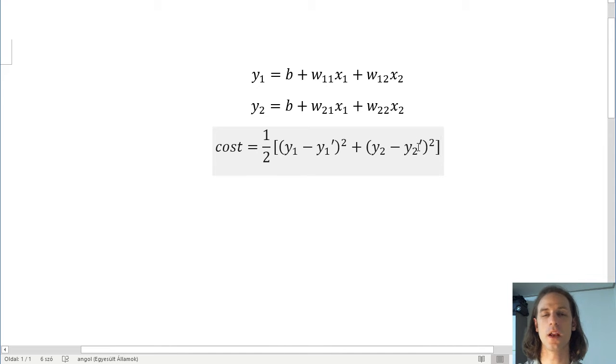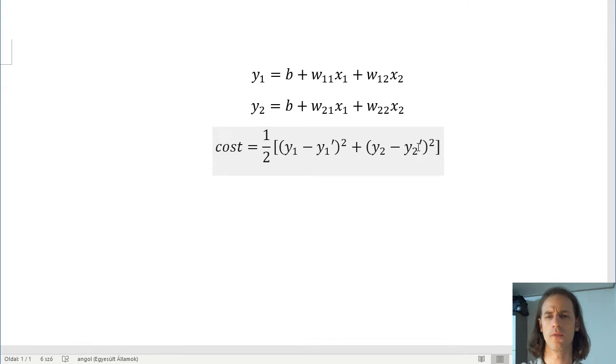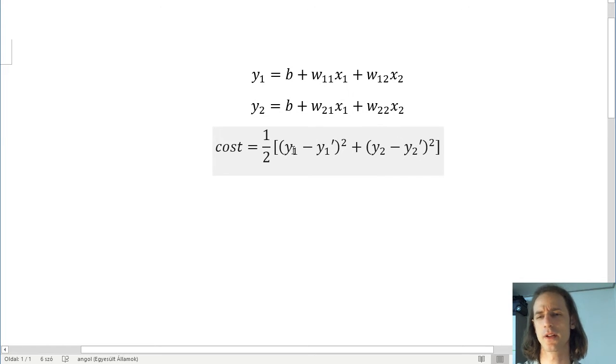We have this assumption that both of these prediction values are worth the same in this case, because both of them should be as close as possible. But if one is more important to be closer, then it should have a bigger impact on the cost function. But whatever, I don't think we do that.